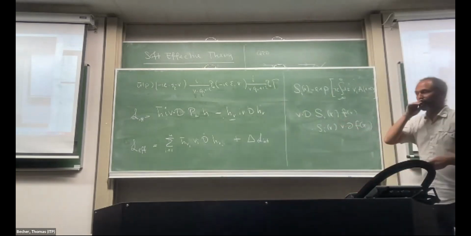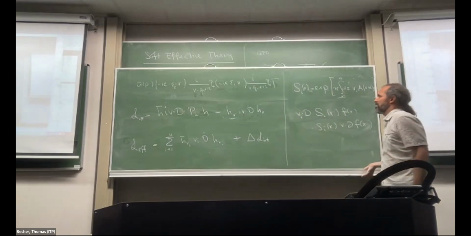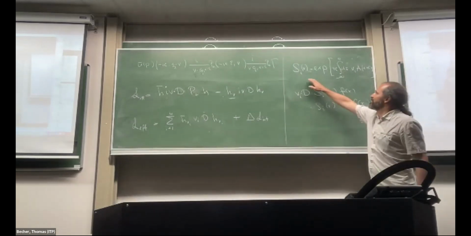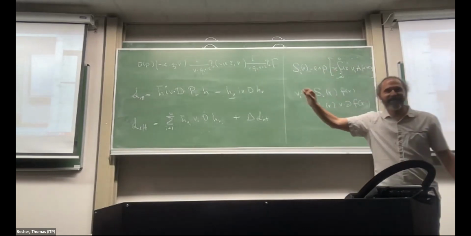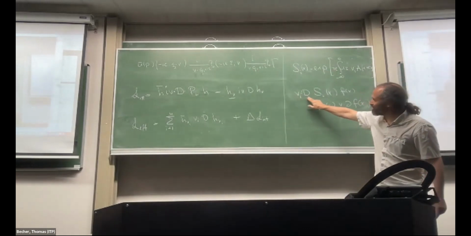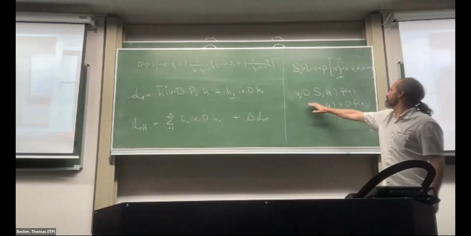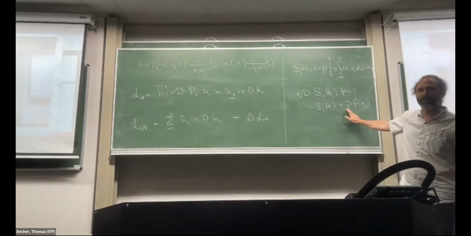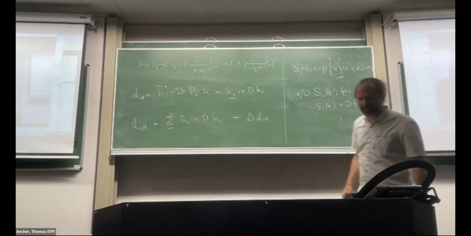So this Wilson line parallel transports along this direction, and the covariant derivative along this transport direction is 0, or if you have a product here, it becomes a derivative acting on the function. So that's a nice property of this Wilson line.